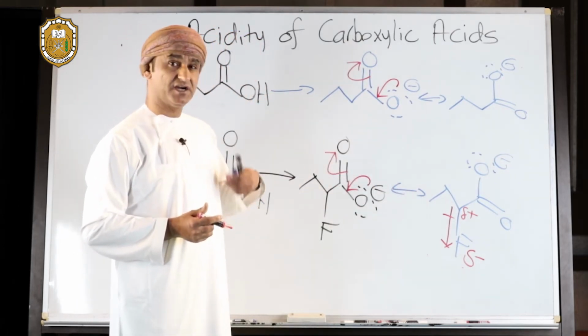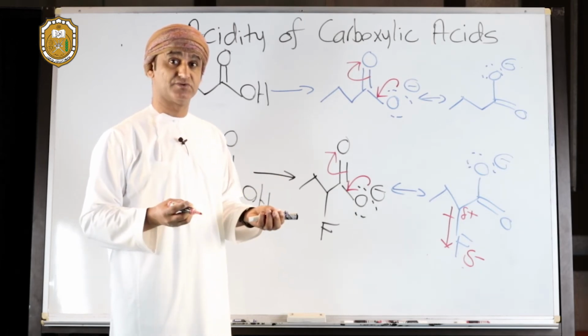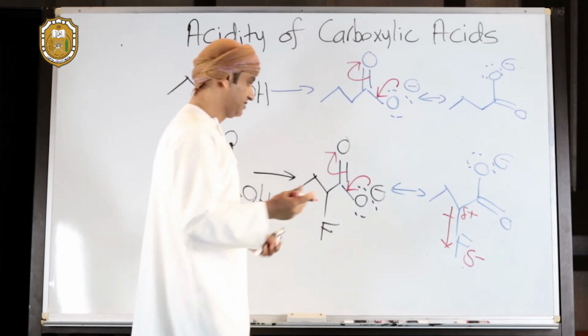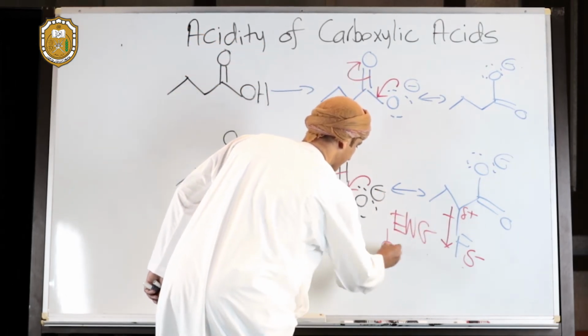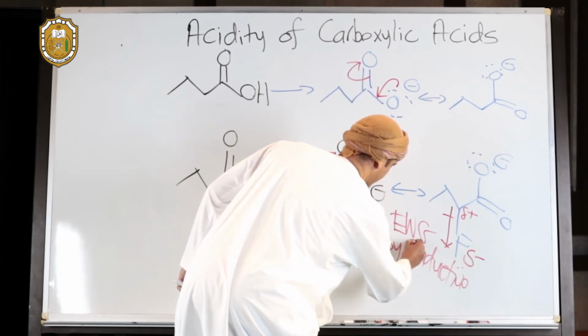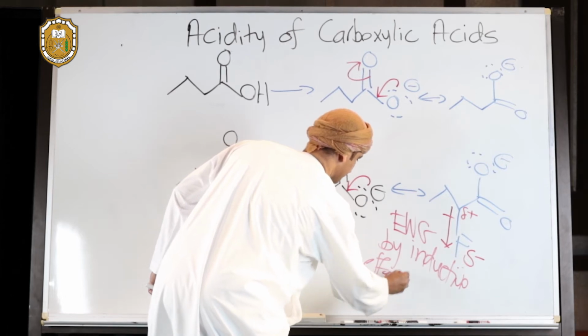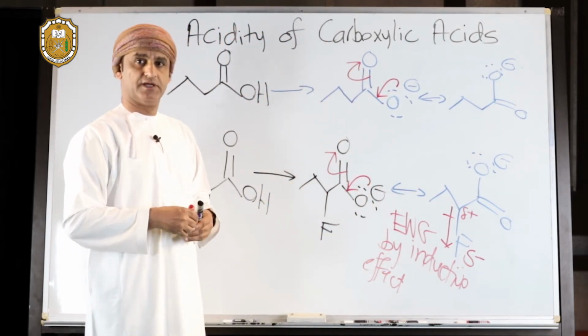So this is inductive withdrawal by the strongest electron withdrawing group in nature, in chemistry. So this is an electron withdrawing group by inductive effect. If you like, there is an additional inductive withdrawal.